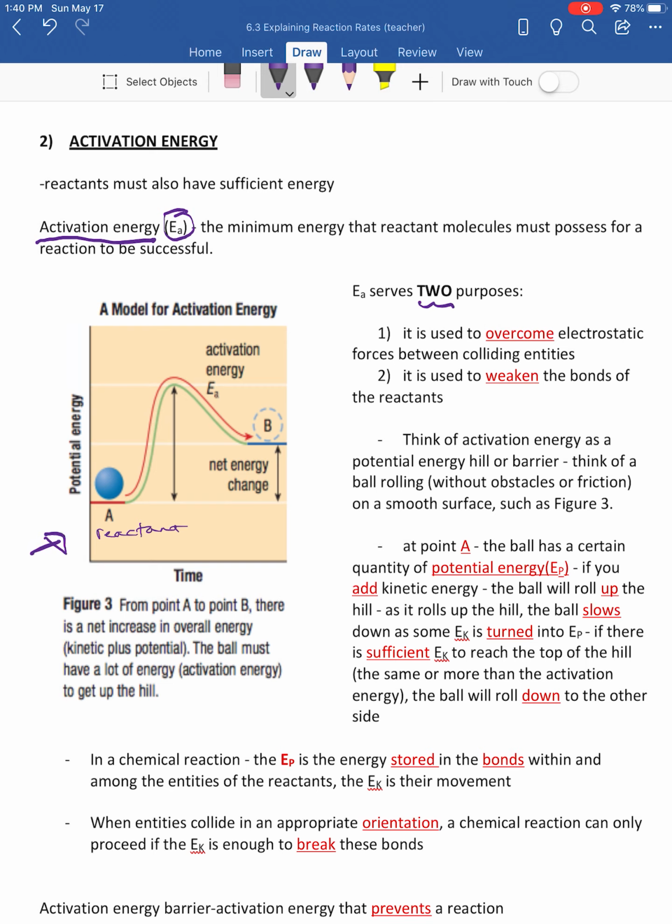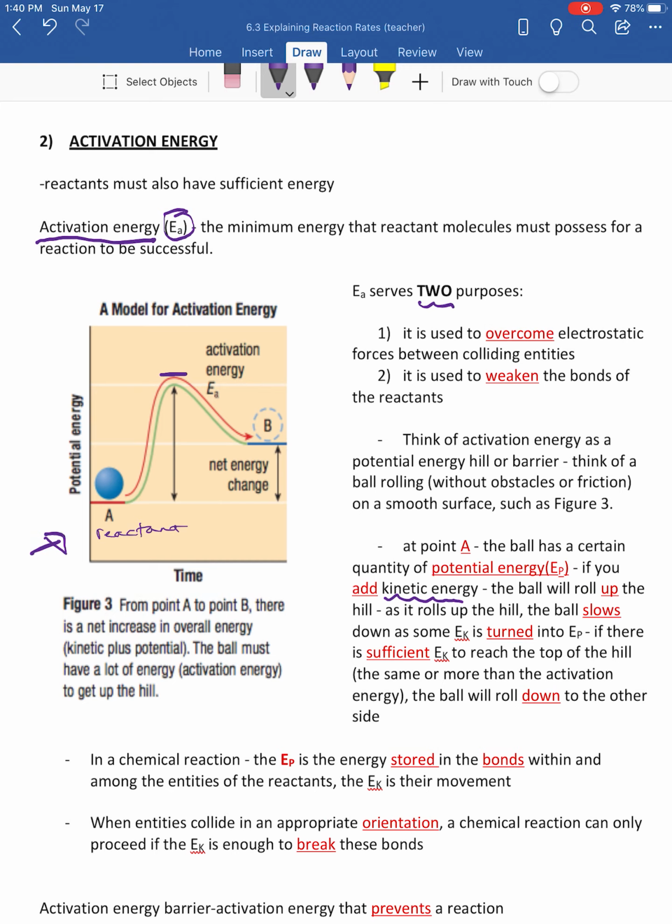If we want to change them and break old bonds, then we need to add energy. We're not adding potential energy because those are found within bonds. They're stable, they're happy, it's sitting. So we need to add some kind of kinetic energy that increases the energy of the molecule.